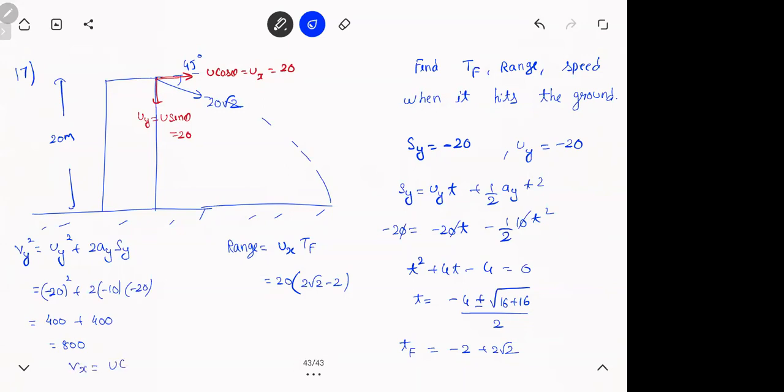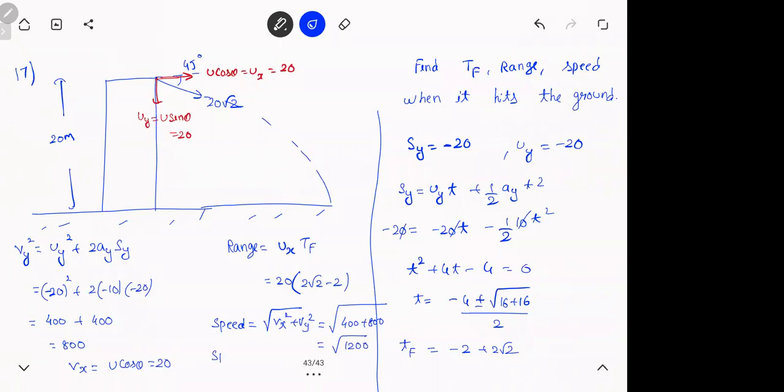What is Vx? U cos theta, which is 20. So what is speed? Root over Vx square plus Vy square. That would be root over 400 plus 800. Vy square is 800, no? So that is root 1200. So your speed will be 10 root 12.